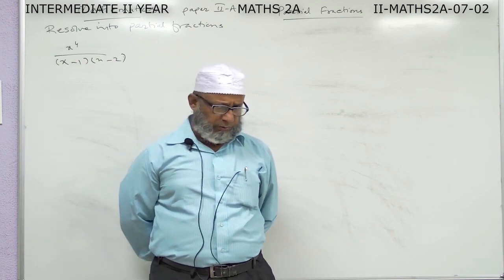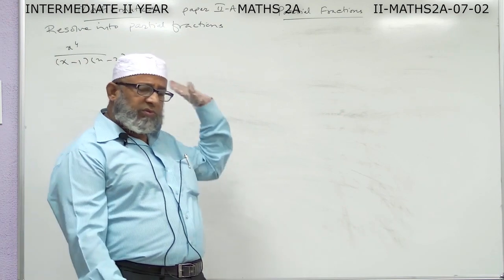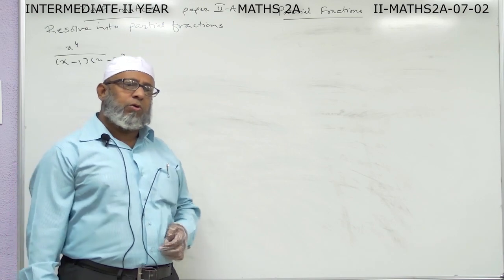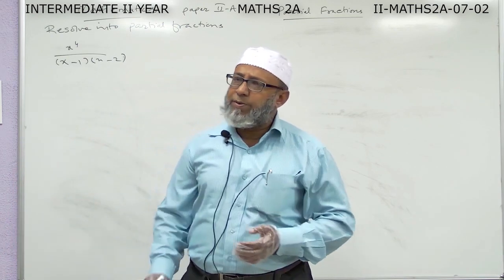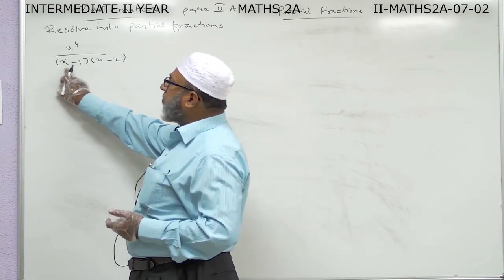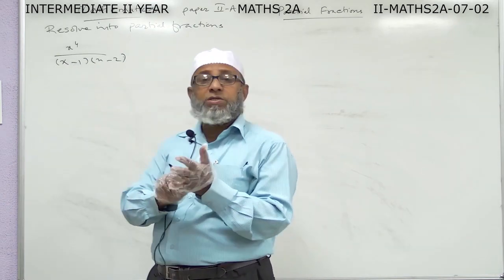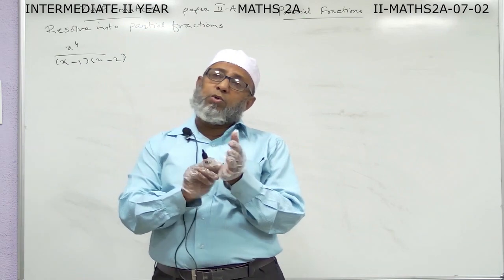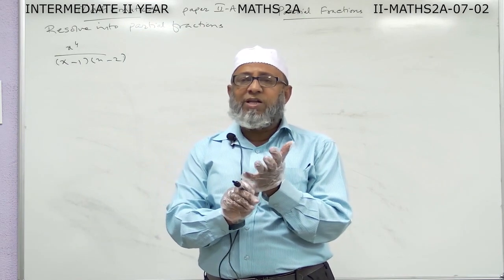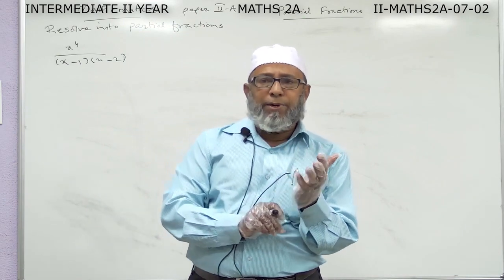Here, you may observe that the power of the numerator is 4, whereas the power of the denominator is 2. That is, x minus 1 into x minus 2, if I multiply x into x, it becomes x square. So it means that the power becomes 2. The denominator has less degree compared to the numerator.